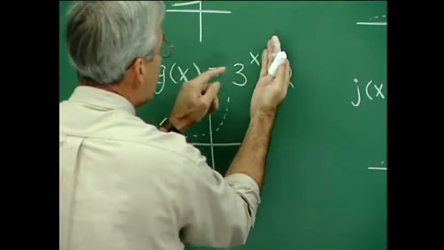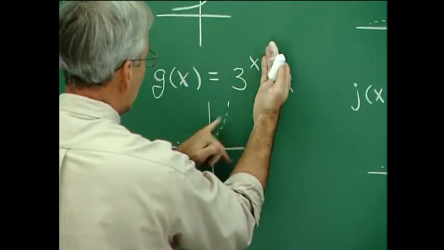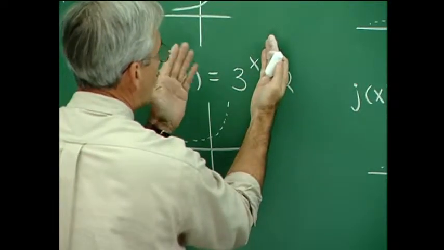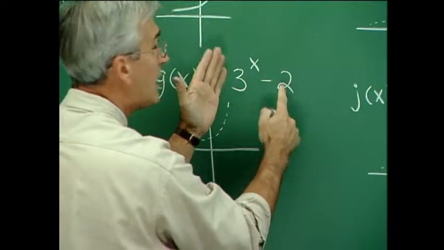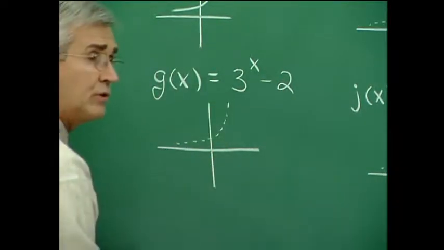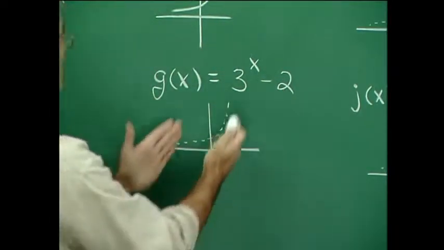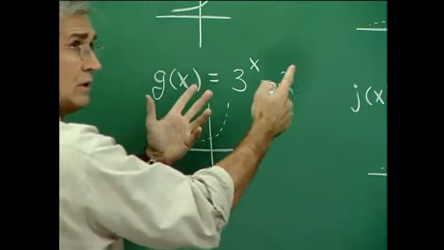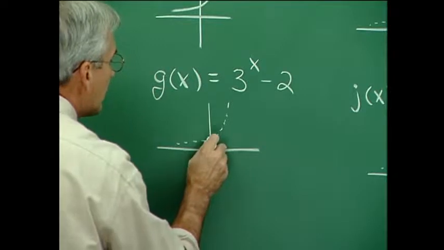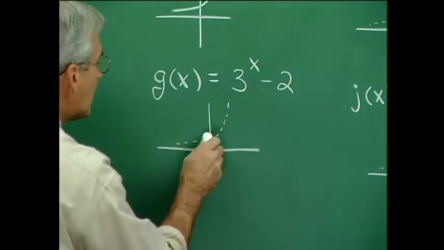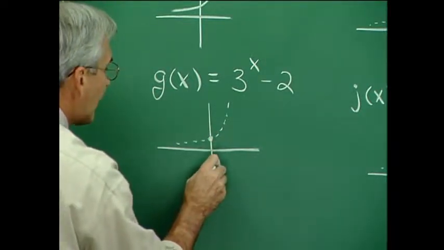Now, we know 3 to the x power is this graph, and then this is just a group of vertical distances, and we take those vertical distances and subtract 2, and this graph will drop 2 on the coordinate plane. This is just f of x minus 2. That's all there is to it. So we have a drop from this familiar point down 1, 2, and the graph then looks like this.